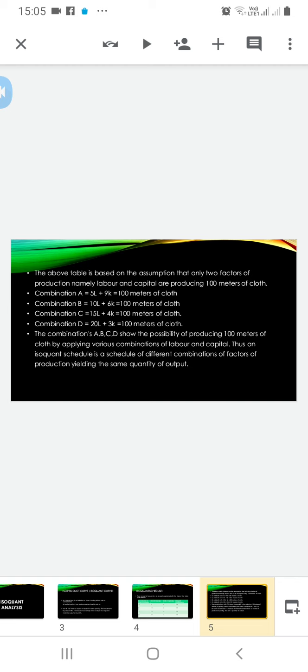Combination B is 10L plus 6K. In combination C, 15L plus 4K. In combination D, 20L plus 3K is equal to 100 meters of cloth.